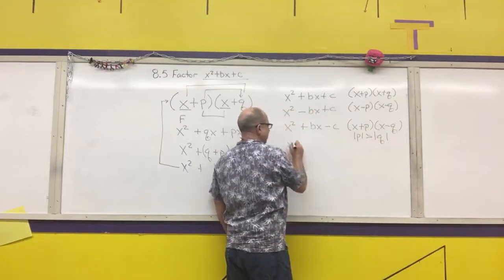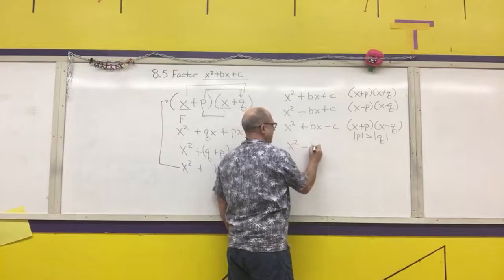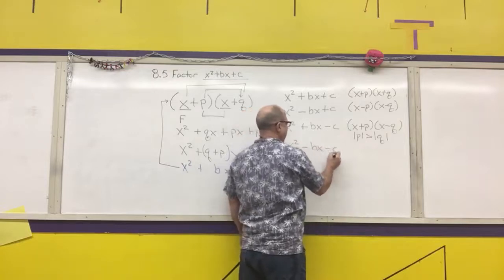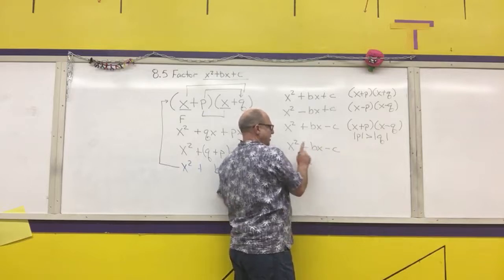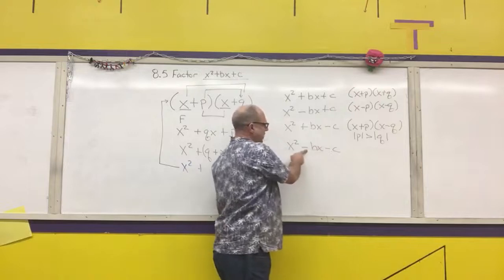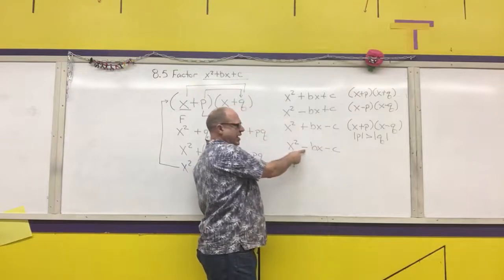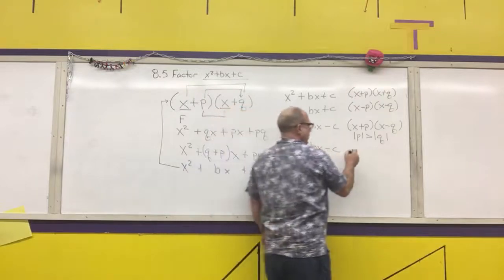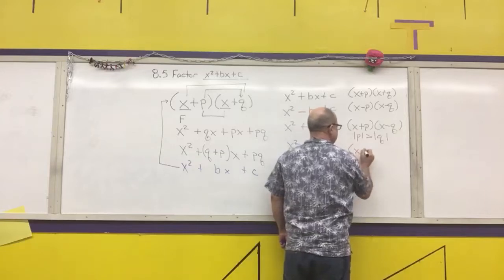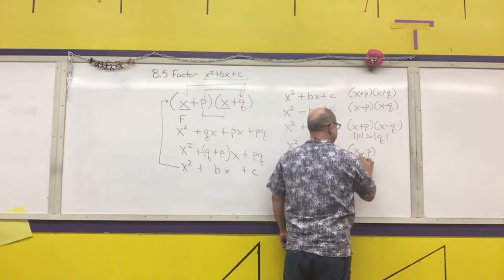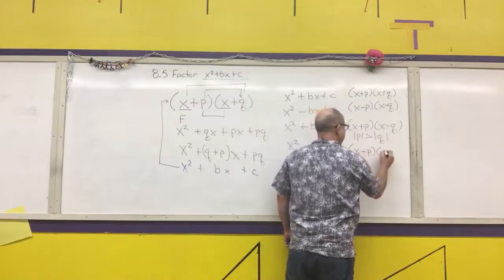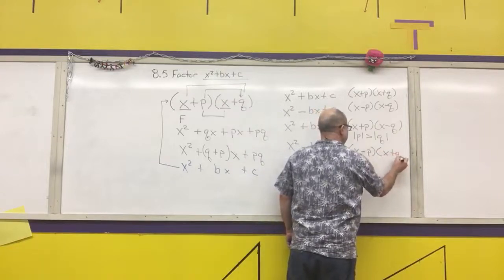And the last case is x squared minus bx minus c. They multiply to a negative number, so they're opposite signs, and the biggest number is negative because when I add them I end up with a negative number. So I'm going to write this as x minus p times x plus q.